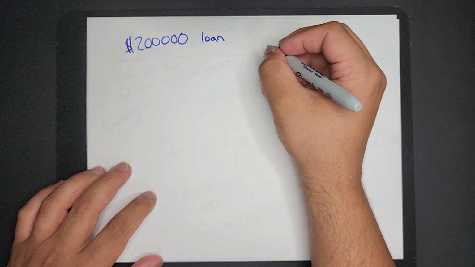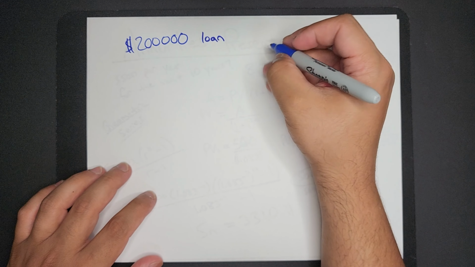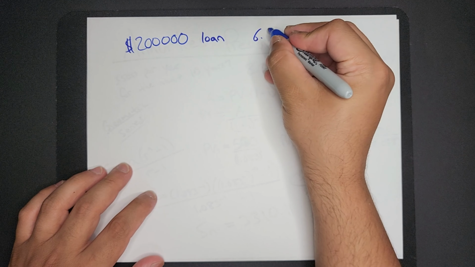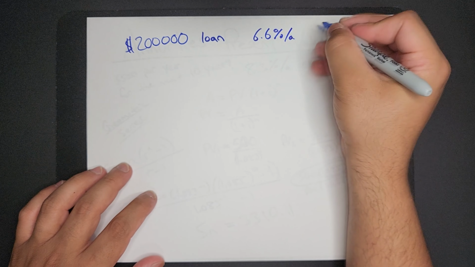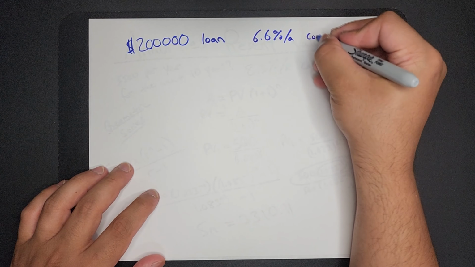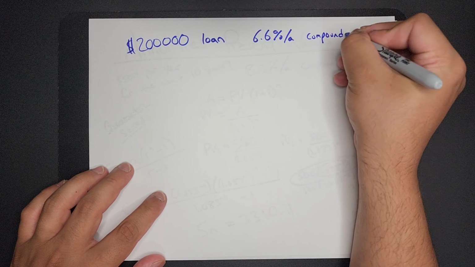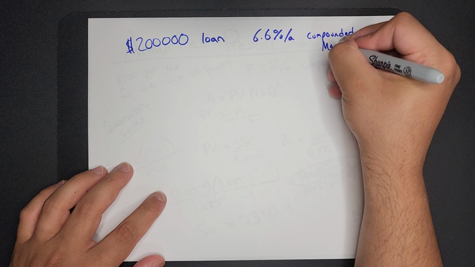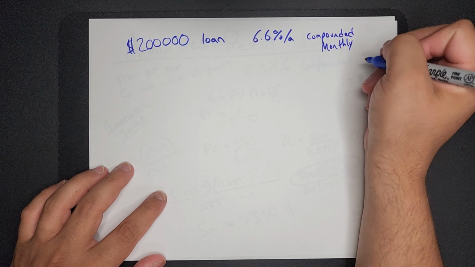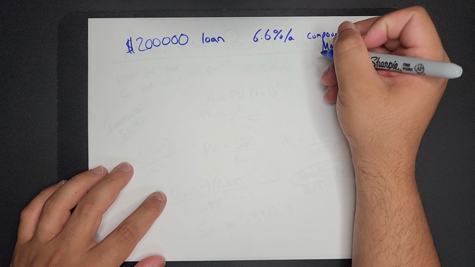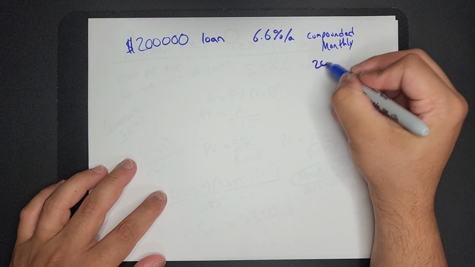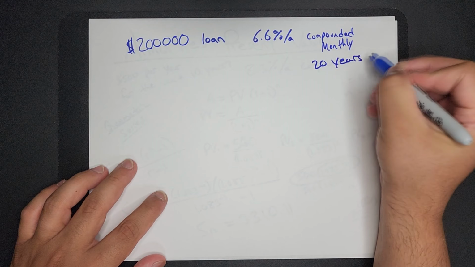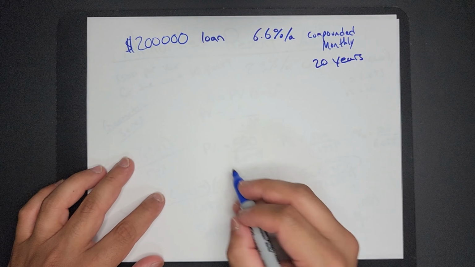And let's say the bank charges 6.6% per annum, compounded monthly. And let's say we're going to take 20 years to pay this loan off.